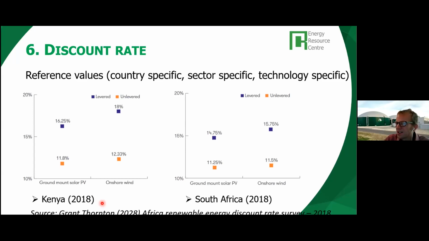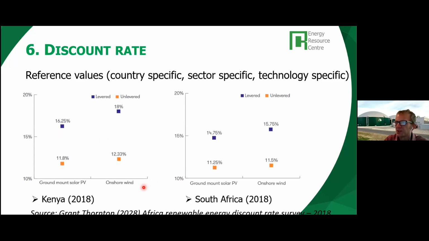It gives indications for two different types of technology in different countries, showing indications of discount rates for the project as a whole, which you would call unlevered, and for a particular equity investor, that would be what I call levered. We'll come to the difference at a later stage.